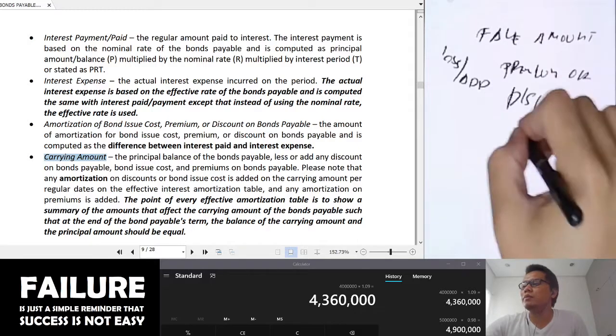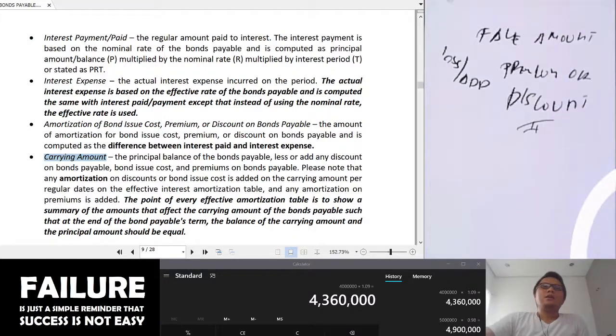Yan yung pag-compute natin dyan. However, for us to easily plot it sa ating effective schedule, carrying amount, obviously, magsa-start yan siya kung ano yung issue price of the bond on issuance date.